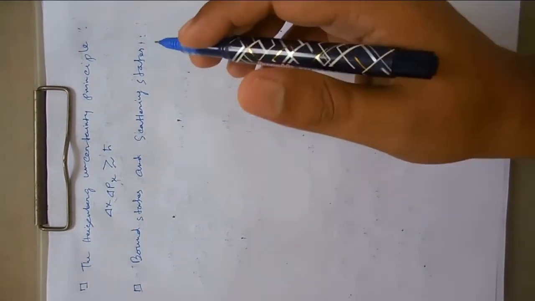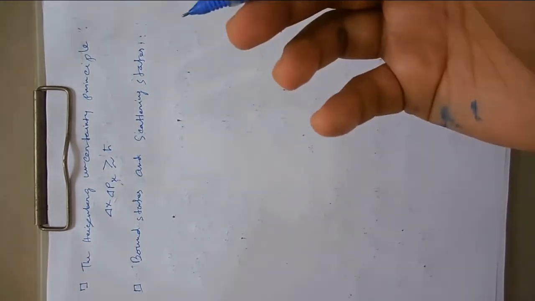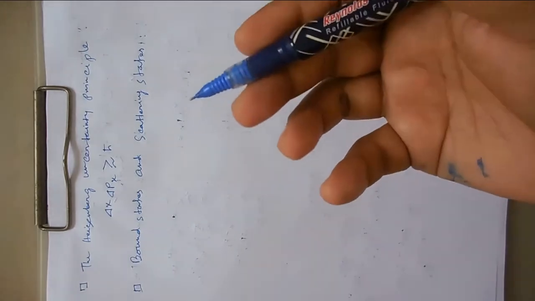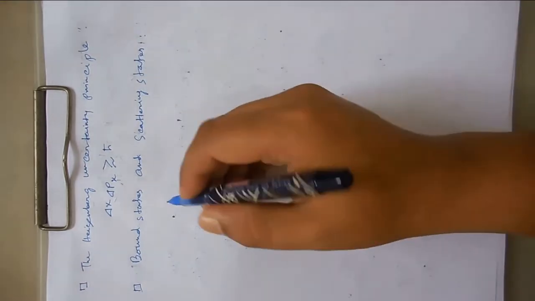You know that every particle has some total energy, and if I obstruct the particle with some potential barrier, then there will always be a possibility that the particle may cross the barrier or may not cross the barrier, right?